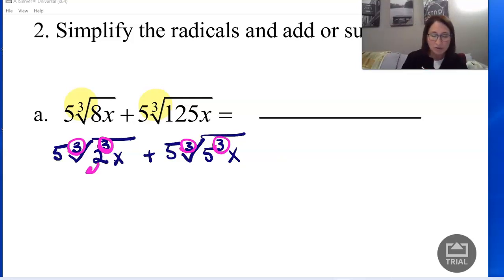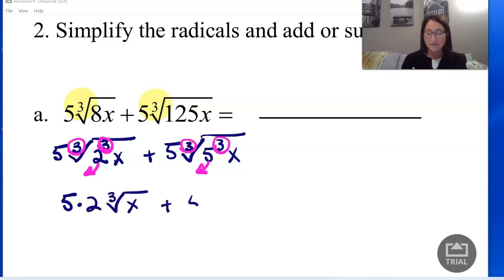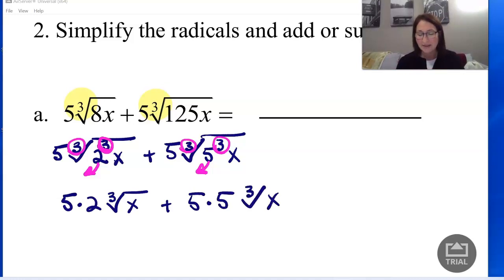So in both of those radicals, I can bring out a root. This is a beautiful thing. So now I have 5 times 2 cube root x plus 5 times the 5 I brought out cube root x. I'm almost done here.